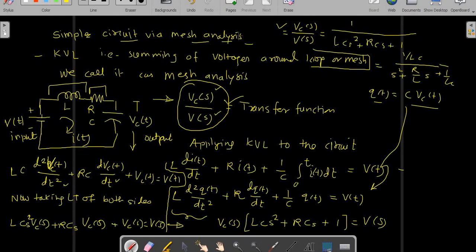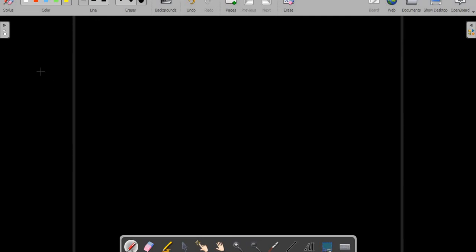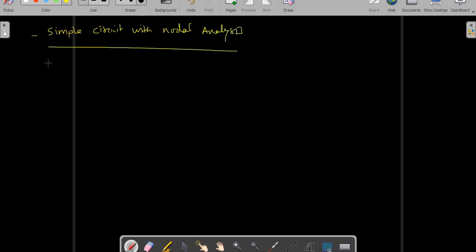Now suppose we want to get the same transfer function by node analysis. How can we get it? The first part, we have seen the simple circuit with mesh analysis. Now we will see the simple circuit with nodal analysis.